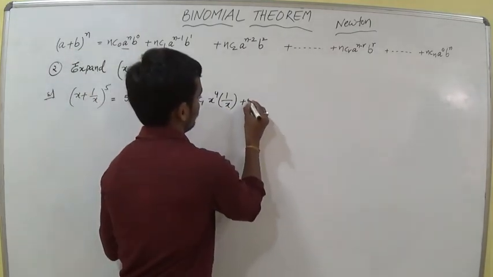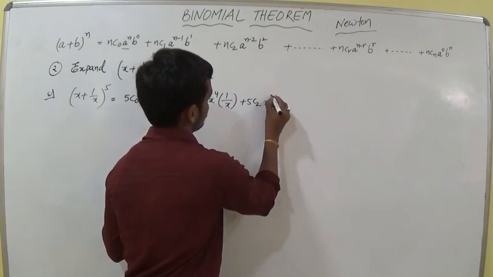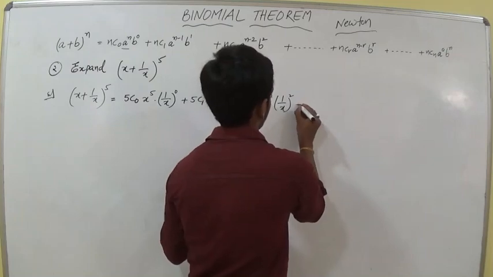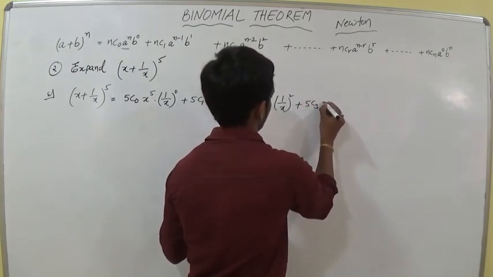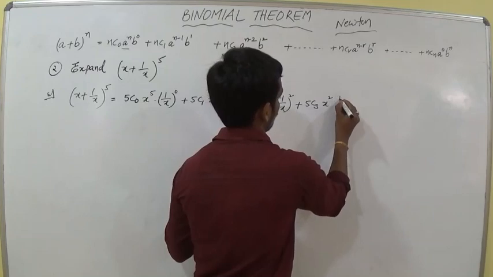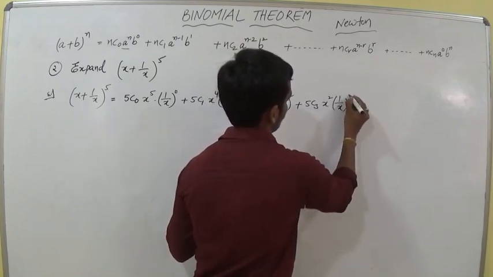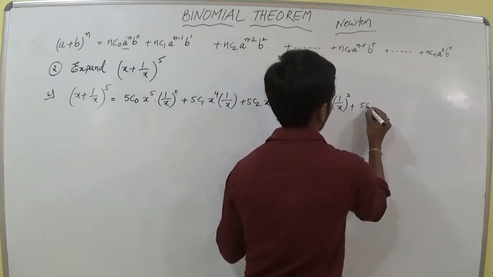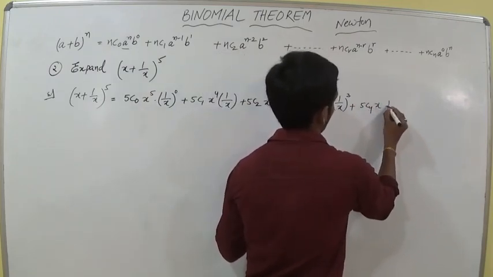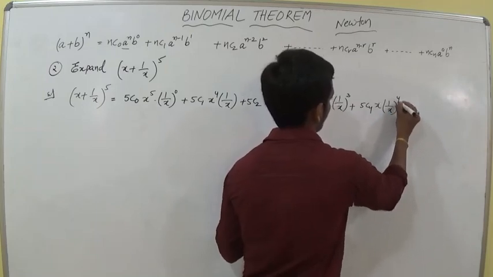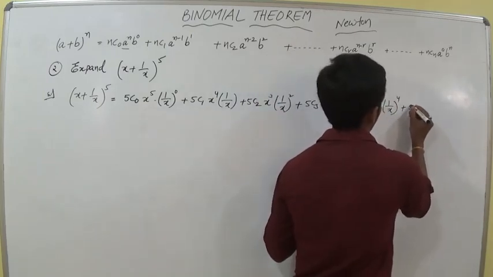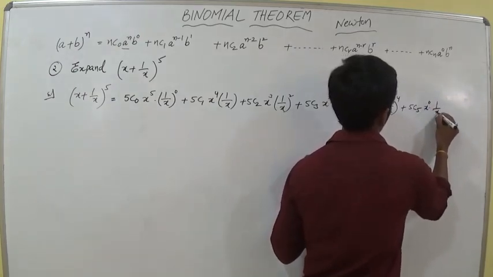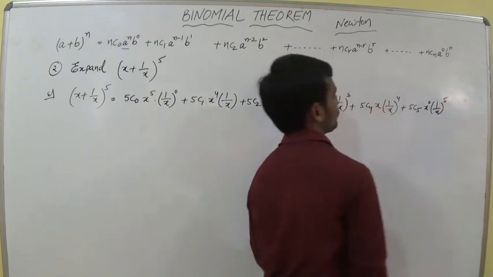Plus 5C2 x cube (1/x) whole square, plus 5C3 x square (1/x) whole cube, plus 5C4 x (1/x) whole power 4, plus 5C5 x power 0 (1/x) whole power 5.